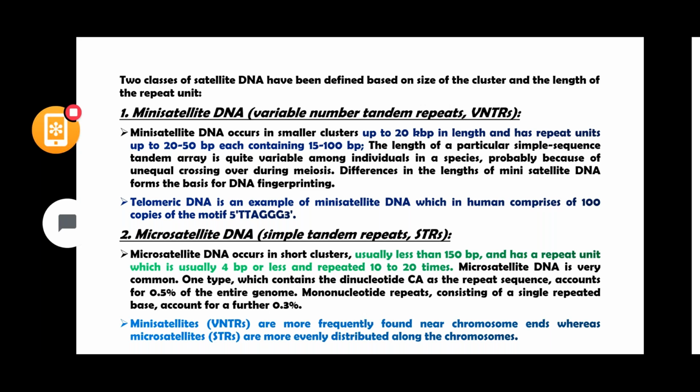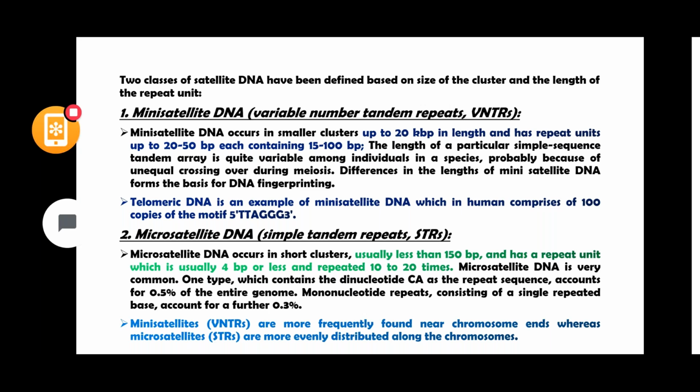Microsatellite DNA is smaller than minisatellite DNA, usually only about 150 base pairs, present in cluster form, and it has a repeat unit of 4 base pairs, 2 base pairs, or 1 base pair. Mostly the repeat unit is 4 base pairs, and these repeat units are repeated 10 to 20 times in the genome.